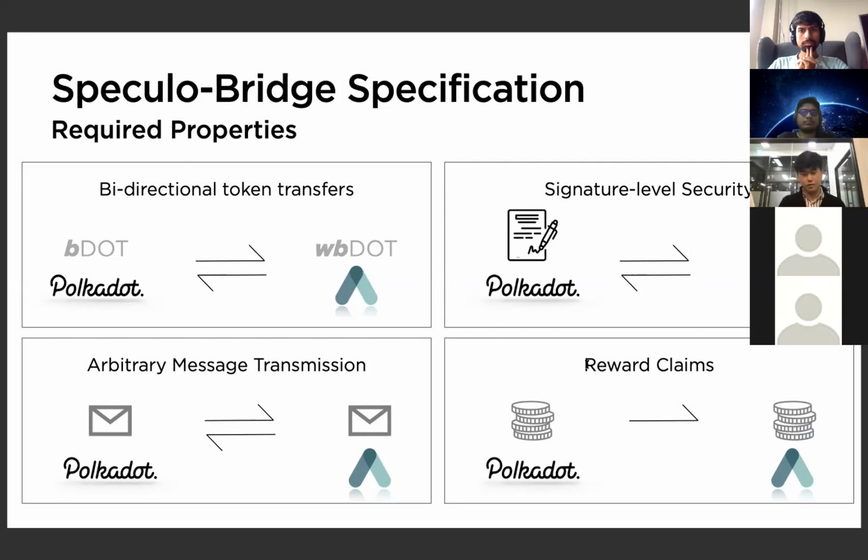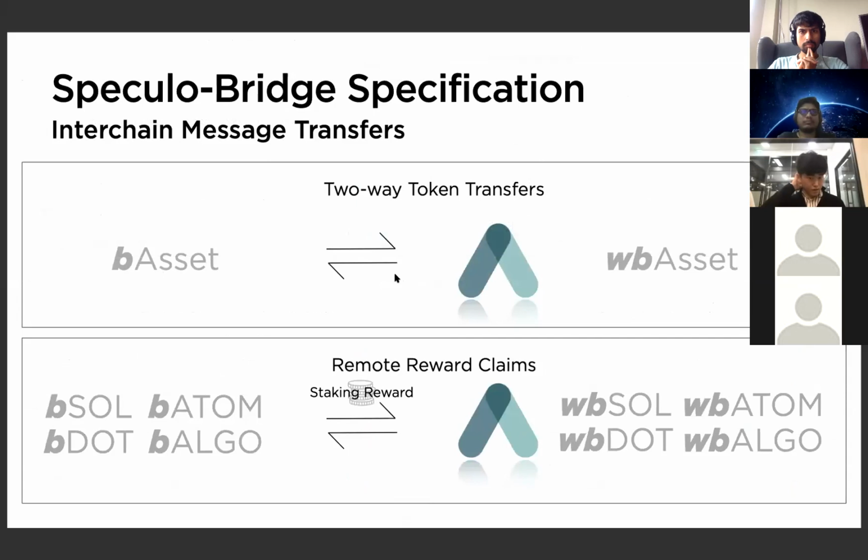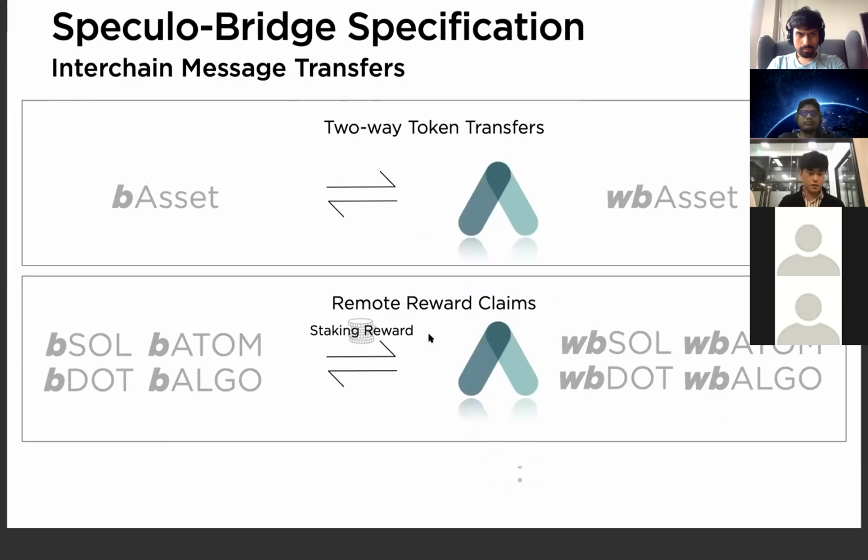So we need to be able to request the transfer of staking rewards and perform the actual transfer of staking rewards. To go a bit deeper, for that we need two-way token transfers enabled and a bit of arbitrary message transmission, whose purpose is to enable remote reward claims.